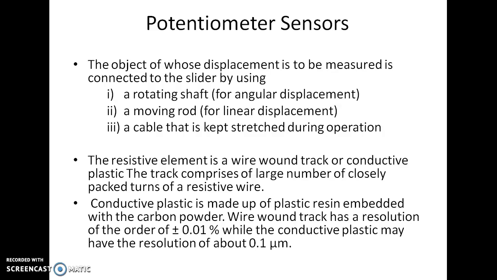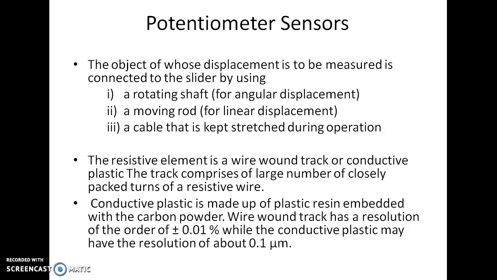The resistive element is a wire, wound track or conductive plastic. The track comprises a large number of closely packed turns of resistive wire, which we can see in the diagram. That is our threaded drum.